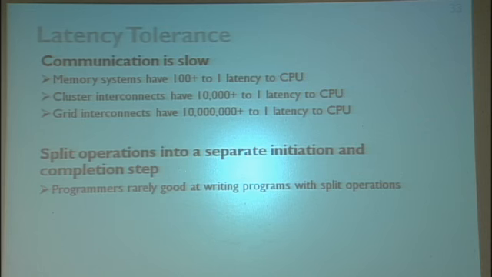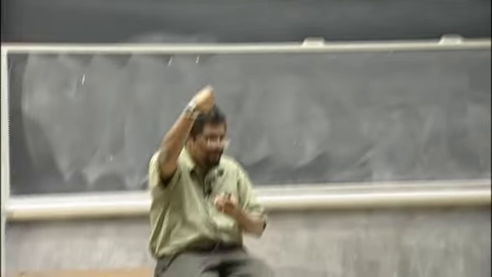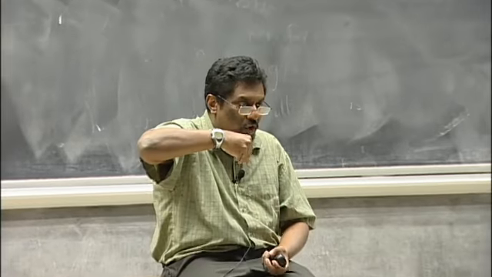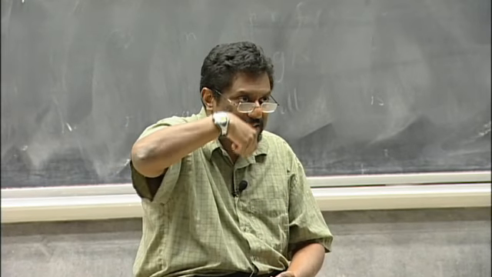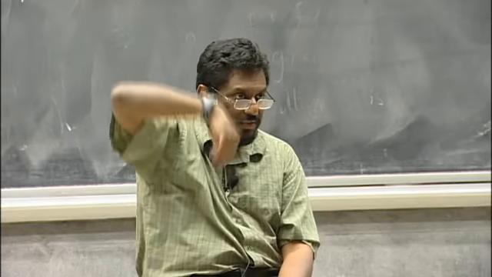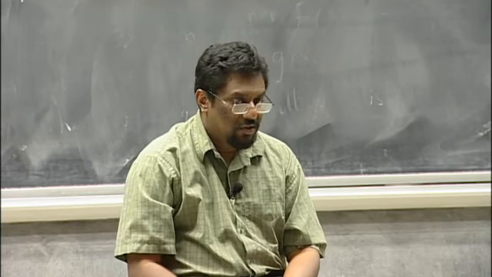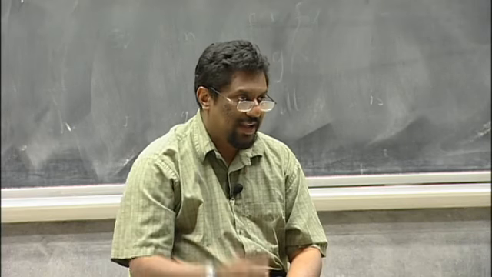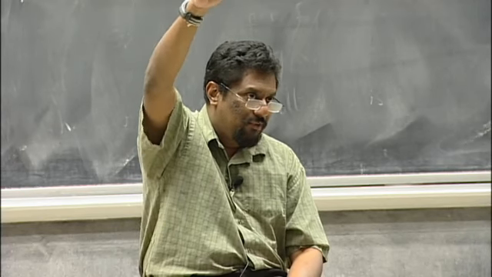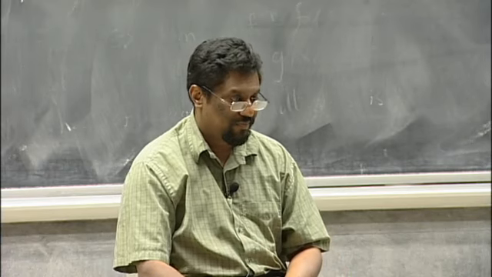That means you initiate something very early on and then use it later, especially for something like a receive. In shared memory, just asking something and getting a reply is very simple. Here, if you just do that, there's a huge wait in between. So you want to do split operations. The code can be very complicated, because if you want to ask something, you ask very early, and you do a lot of other things before the reply comes.